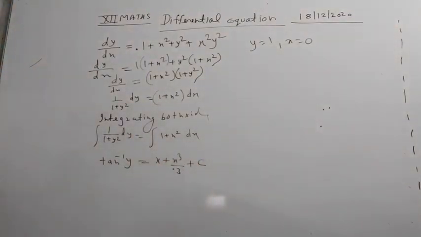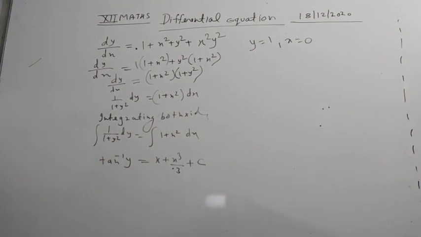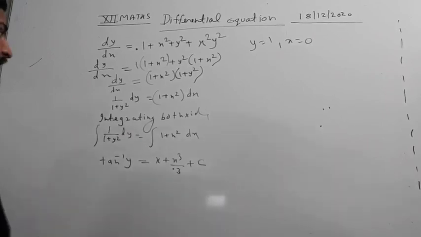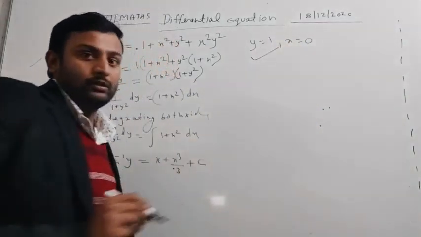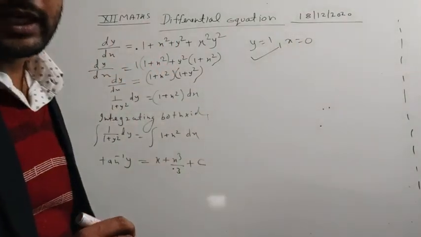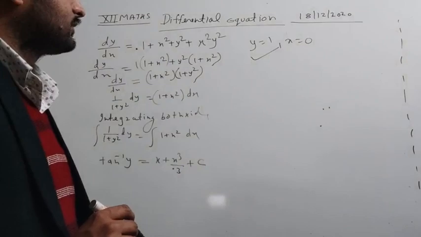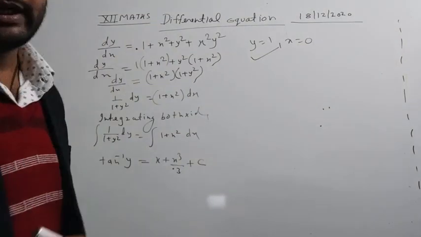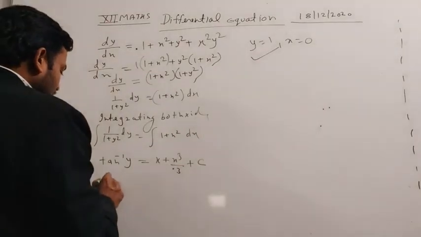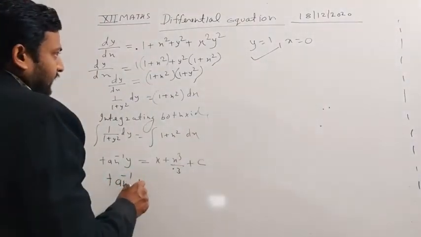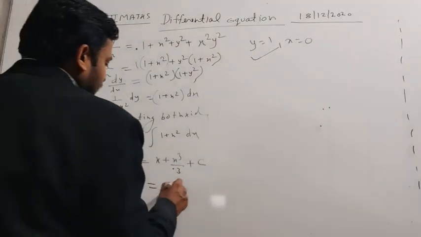Okay student, now we have to find the particular solution. So for this we put the value of x and y here and find out the value of the constant. So let tan inverse 1 is 0 plus 0 plus c, since y is 1 and x is 0.